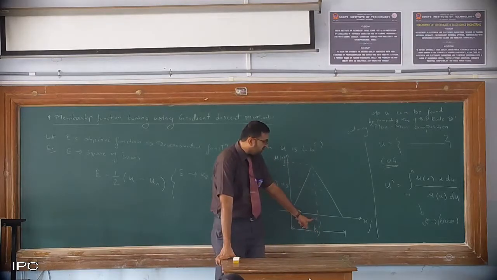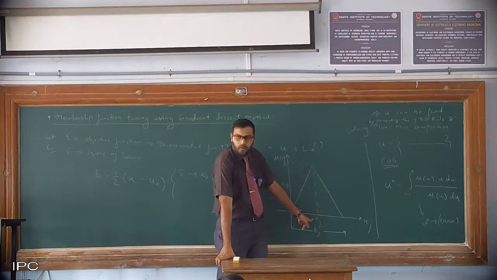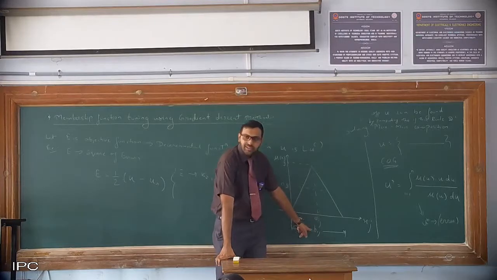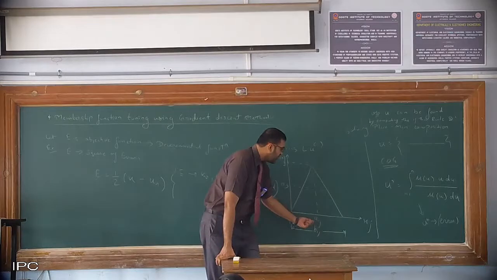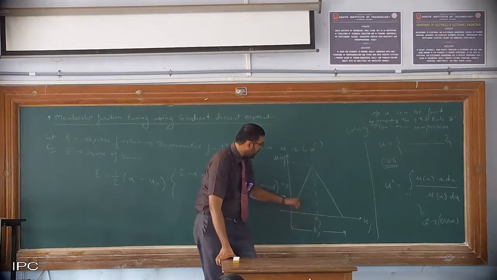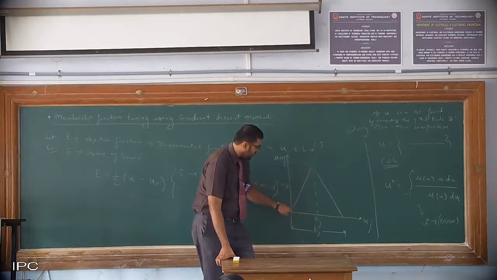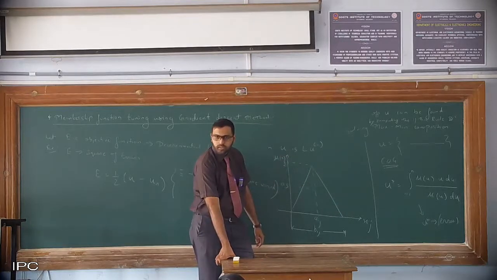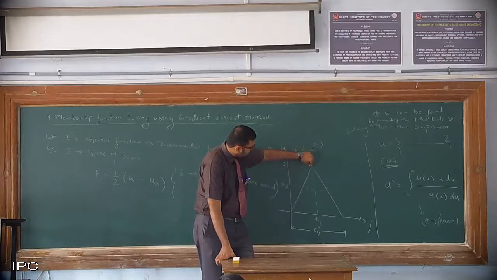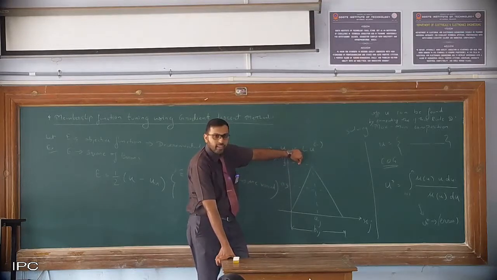So either I will change the value of a or I will change the value of b. Means what? If I shift a here, my peak shifts here. So this becomes in this way. Got it? I will change this peak and I will get it here. We will change the a of ij value.